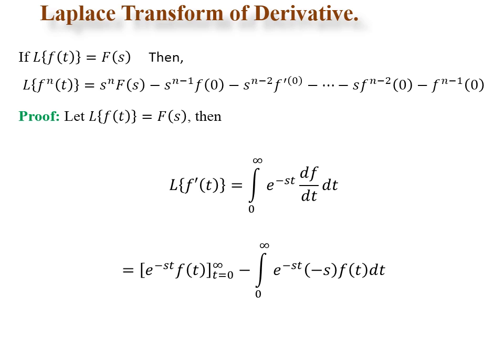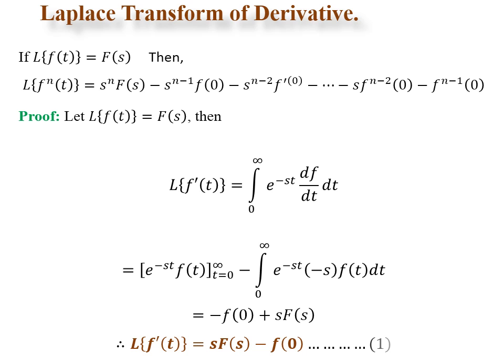In the first part, if we put infinity, then it will be 0, and if we put t equals 0, then it will be minus f(0), and the rest, the second part of the integral, will be s F(s). So we simplify it and we get Laplace of f'(t) is s F(s) minus f(0). So this is the Laplace transform of the first order derivative.